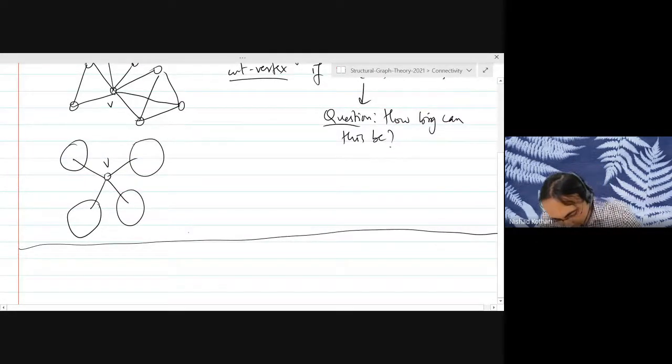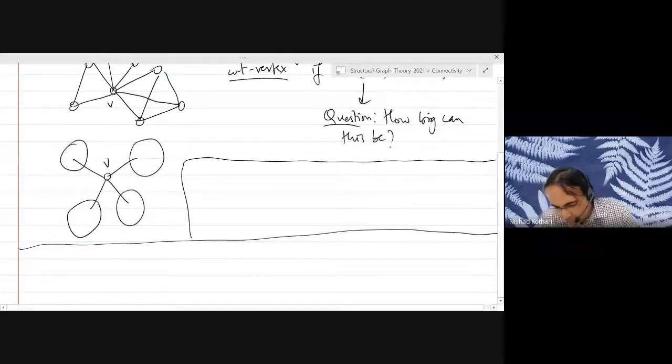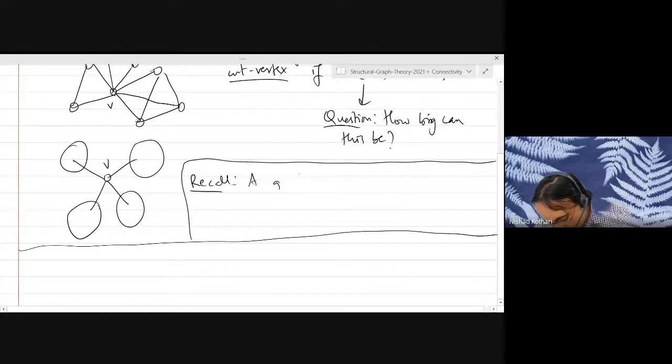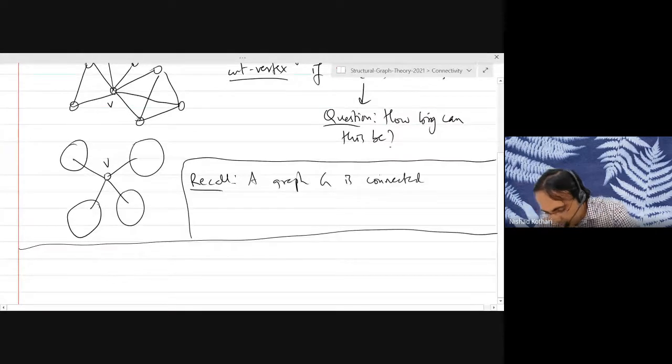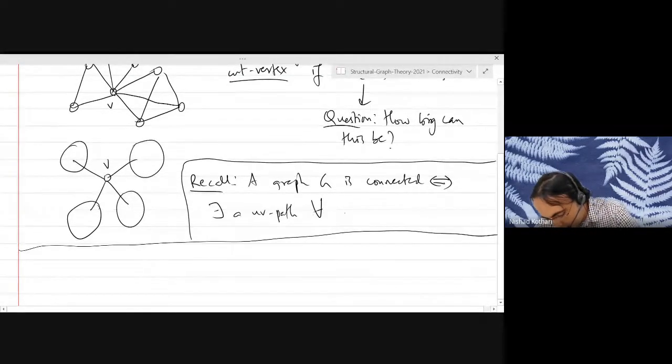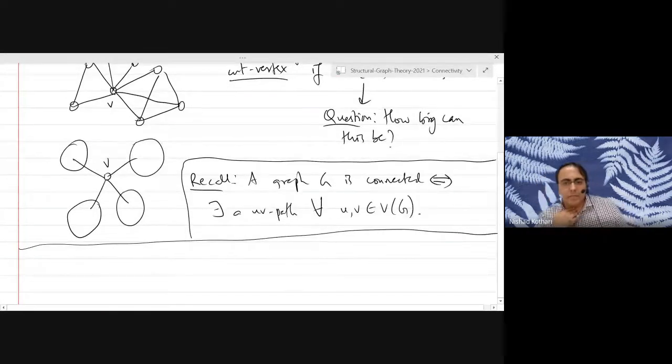So let's go back to connected graphs for a minute. A graph G is connected if and only if there exists a UV path for all pairs of distinct U and V in the vertex set of the graph. Right? That's just a definition of a connected graph.